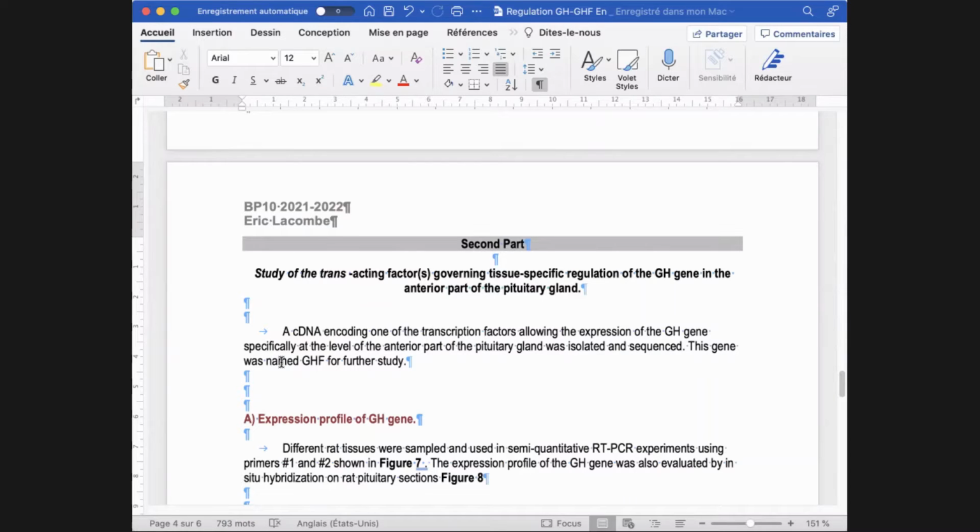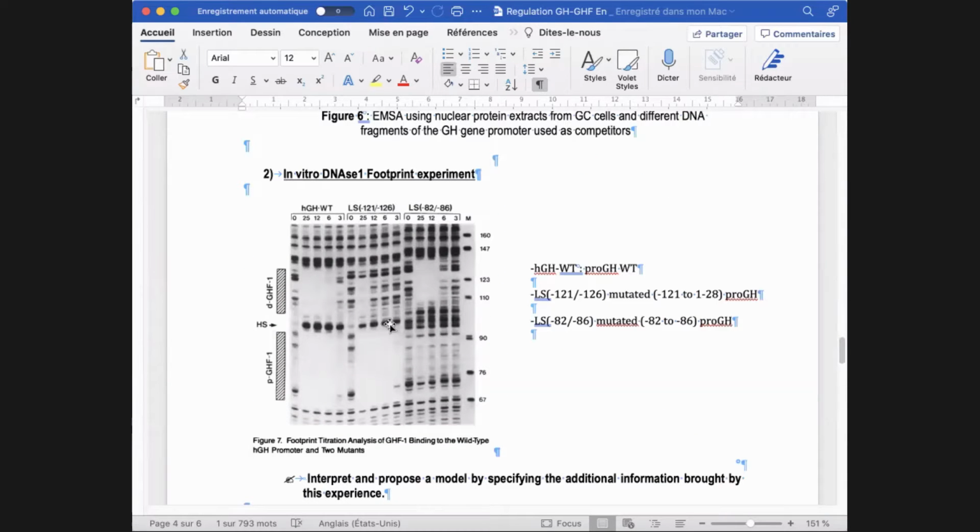So from that, in the second part, we have the cDNA that codes for this GHF, which is, I just remind you, the transcription factor that we managed to characterize when we did the analysis of the promoter.